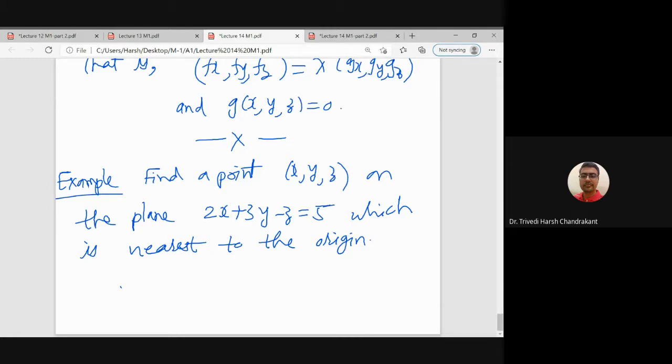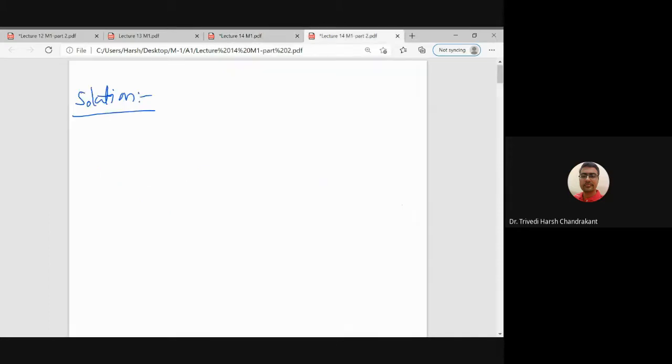distance between these 2 points is square root x square plus y square plus z square, and our point x y z lies on this surface, right? So that means basically we need to find minimum distance.